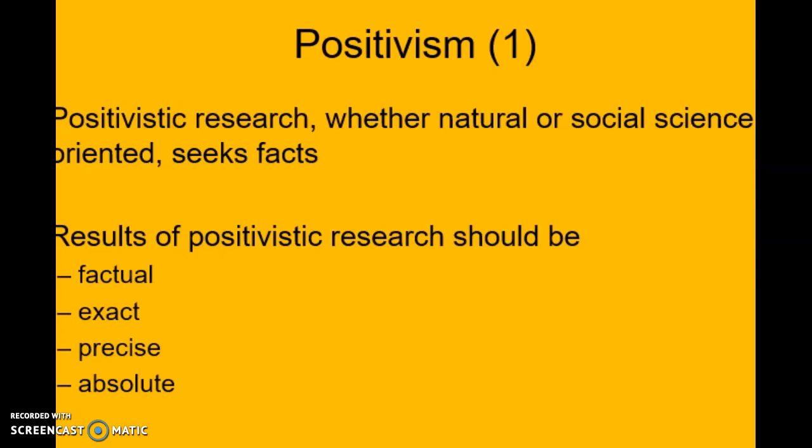The focus of this philosophy is on seeking the facts, because the philosophy believes that there is an actual truth out there, and that whatever knowledge we're trying to get at, there is concrete, exact, precise, and absolute information out there that we could get that would help us to answer the queries that we have.